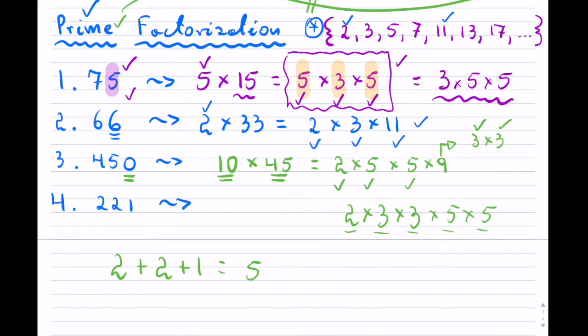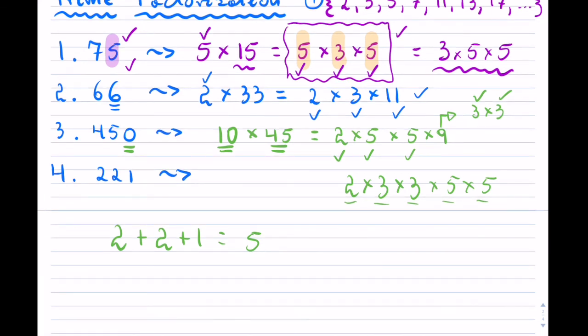Now 7. Unfortunately, there isn't a nice divisibility test for 7, so I will have to do the division to check if 7 goes into 221. So 7 goes into 22 3 times. That's 21. 7 does not go into 11, or it goes in once, but that will leave me a remainder.